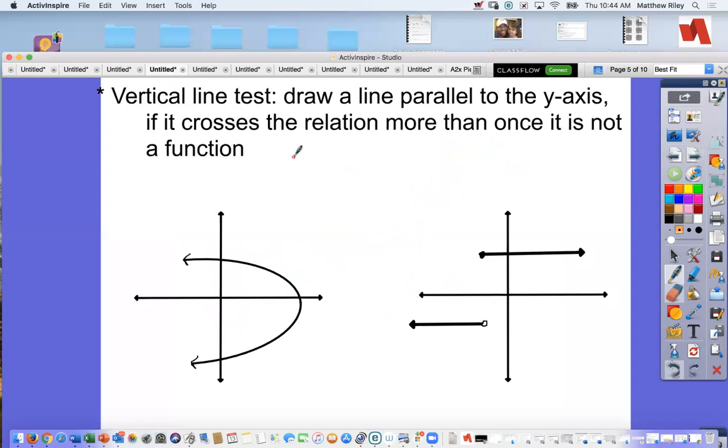Speaking of the vertical line test, if I give you a graph, if I can ever at any point draw a straight line, a vertical line, and it touches the graph in more than one place, it is not a function. Again, know that some of you guys are writing this down. This should all be a review, albeit a very quick one.